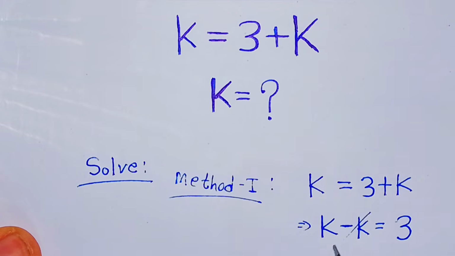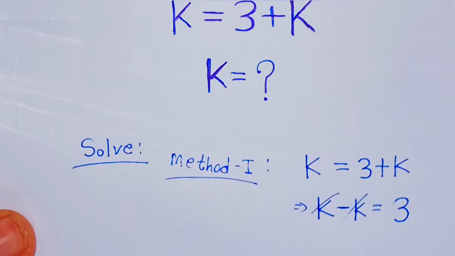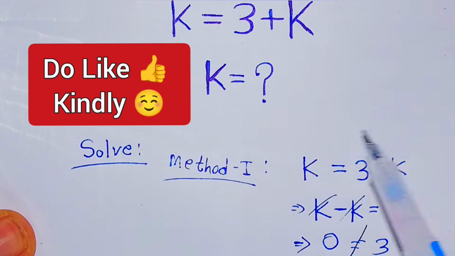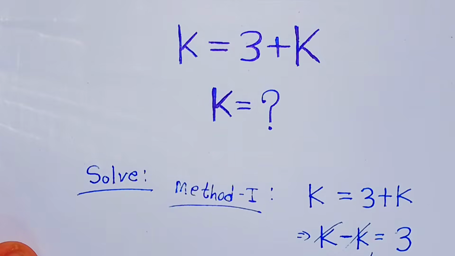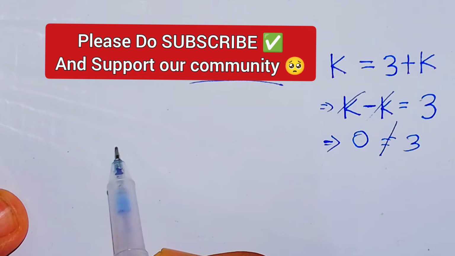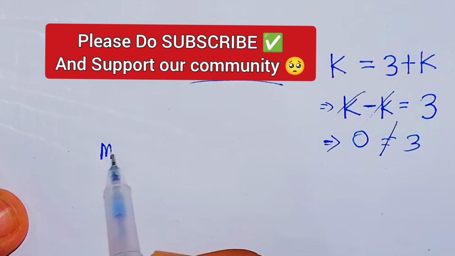So this k and this k will be deleted and we get 0 is equal 3, but that is not possible due to math rules. So method number 1 is not good.